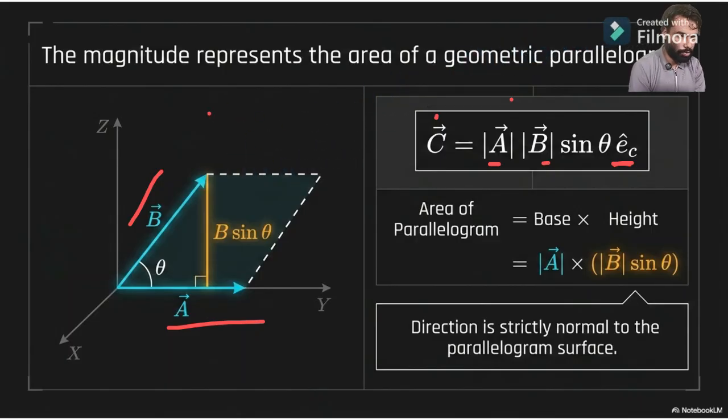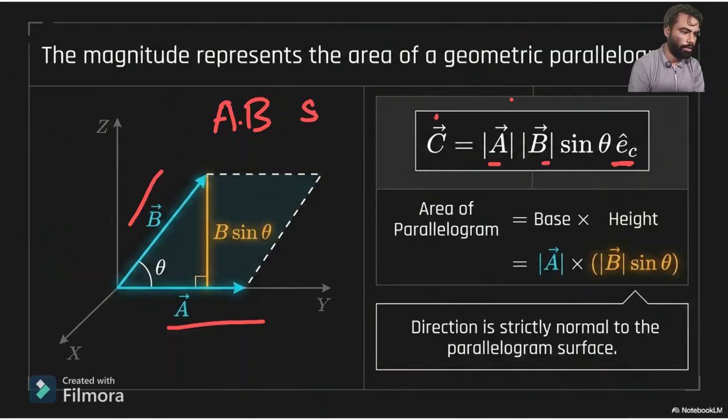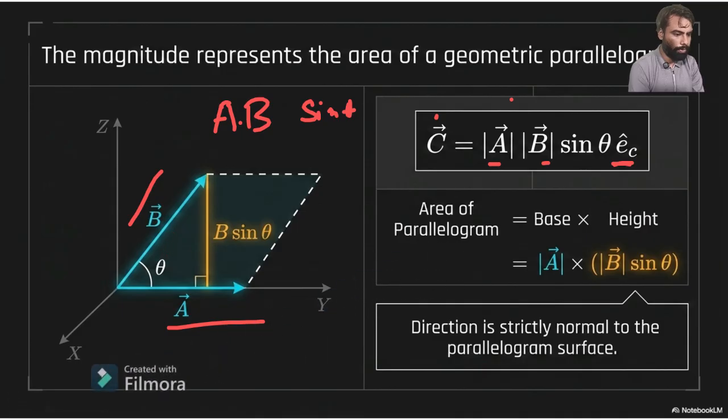When we do the cross product, we take a, b, sine theta, using magnitudes, which are not vectors. Now the area of a parallelogram is base into height. The height is equal to b sine theta if the angle is theta. So the total is a into b sine theta. That is our cross product, and that is also the area of the parallelogram.